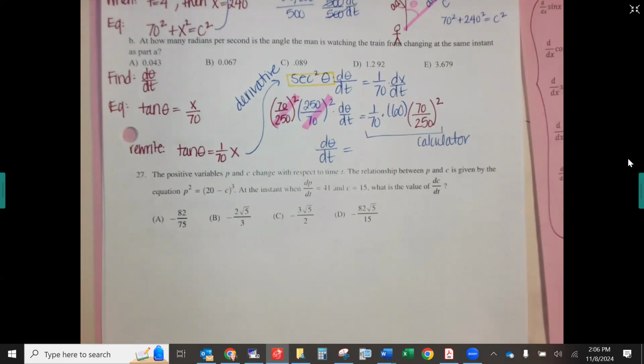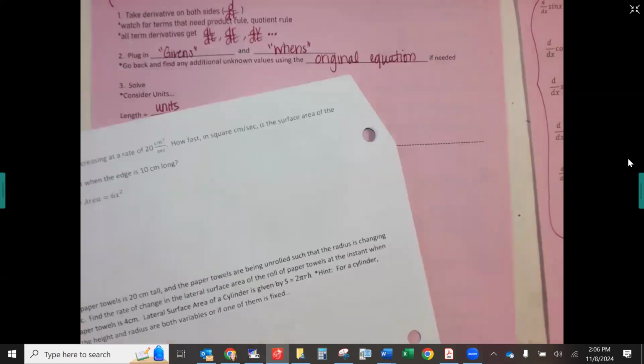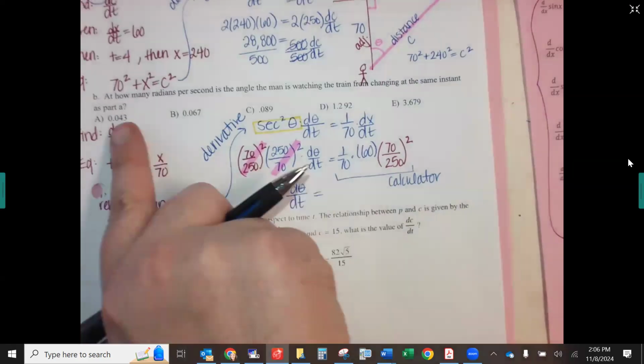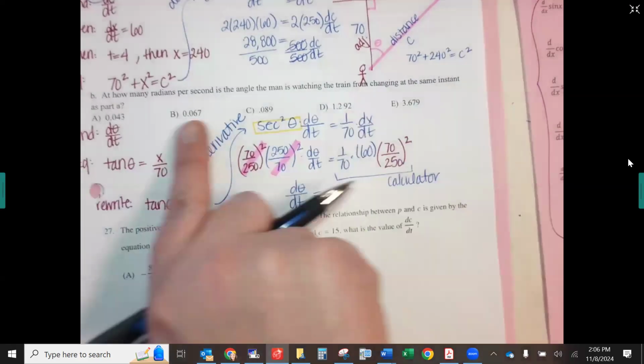Okay. What did you get? Make sure you divide it to match an answer choice.